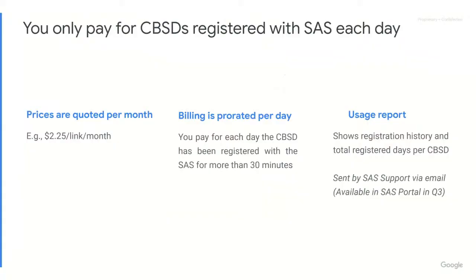Next slide is that you only pay for the CBSDs that are registered with the SAS each day. So $2.25 per link per month for fixed wireless.